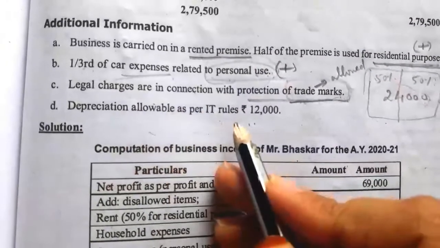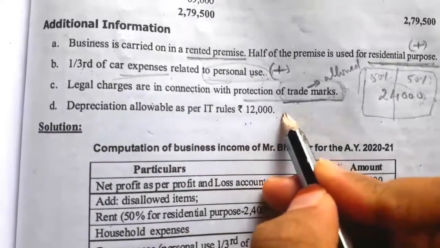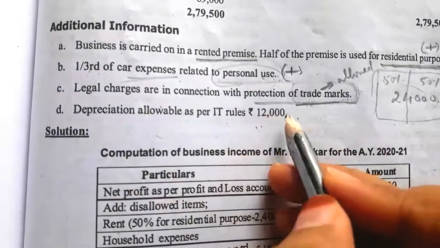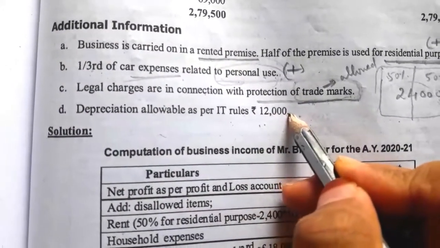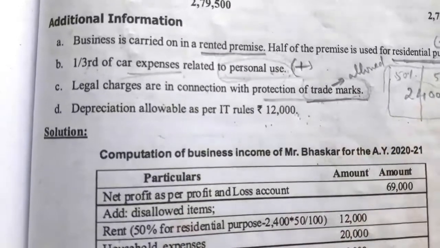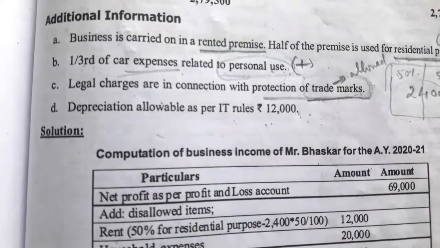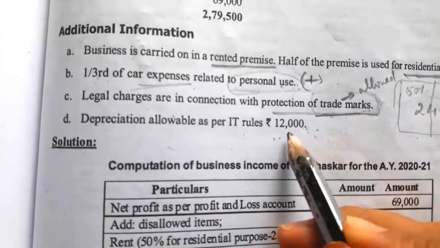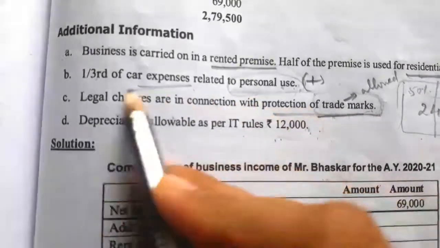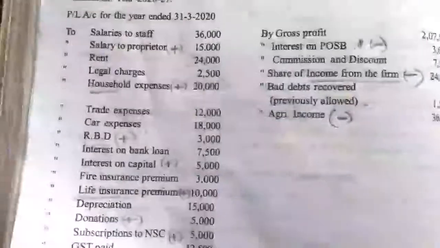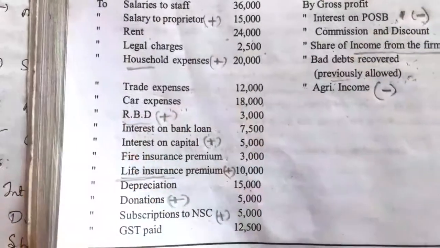Then depreciation allowable as per IT rule is 12,000. So here they have given depreciation allowable as per IT rule is 12,000. It means that when depreciation is actually allowable as per income tax rule, as per section 32, depreciation should be recorded on the debit side of the business profit and loss account as 12,000.